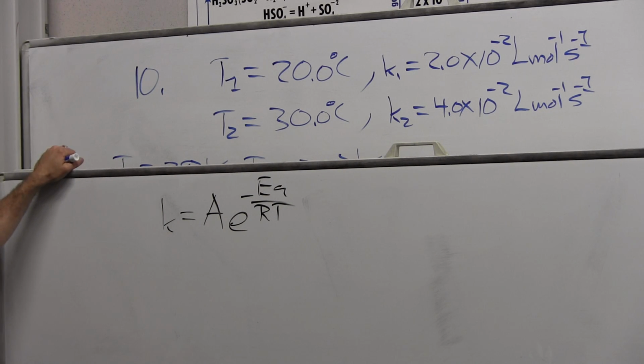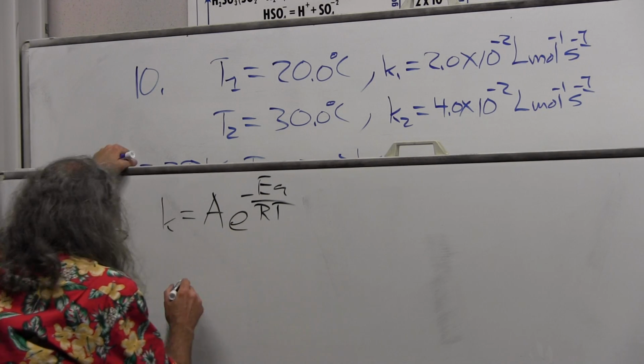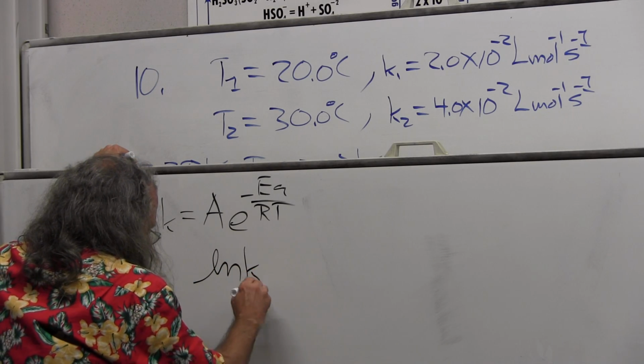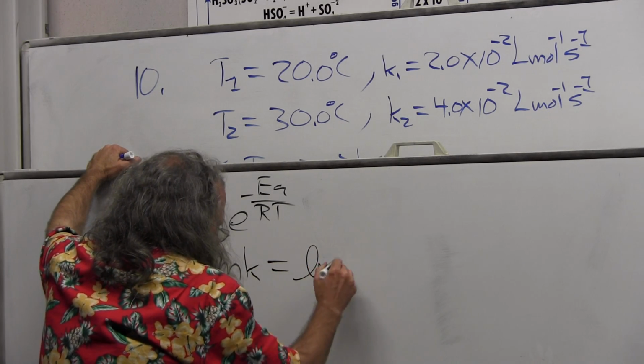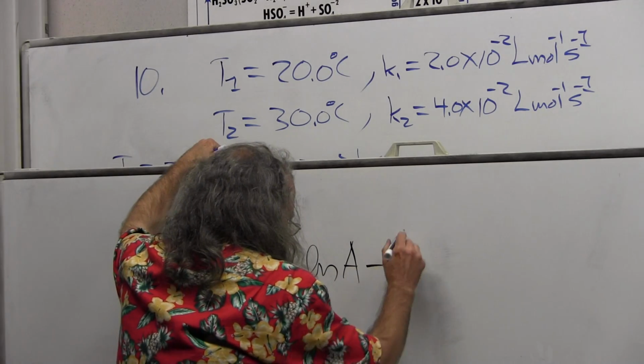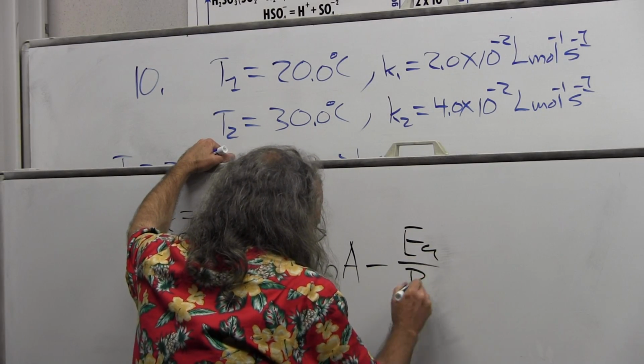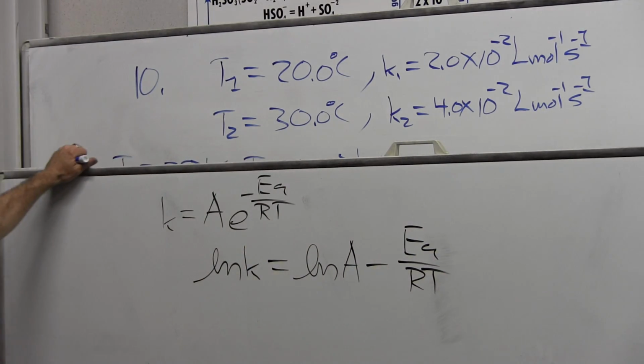So the natural log of k equals the natural log of A minus Ea over RT. Everybody with me so far?